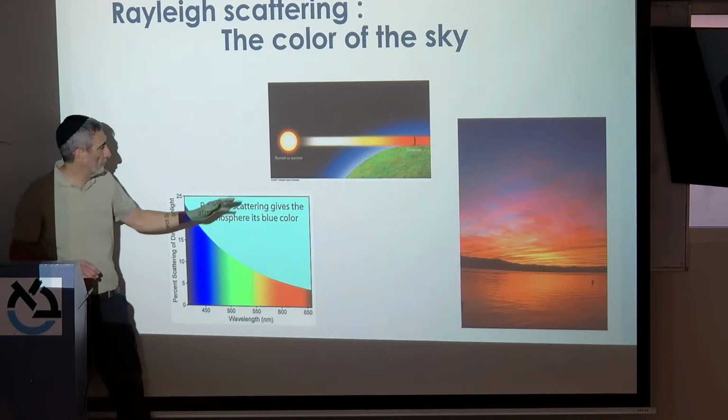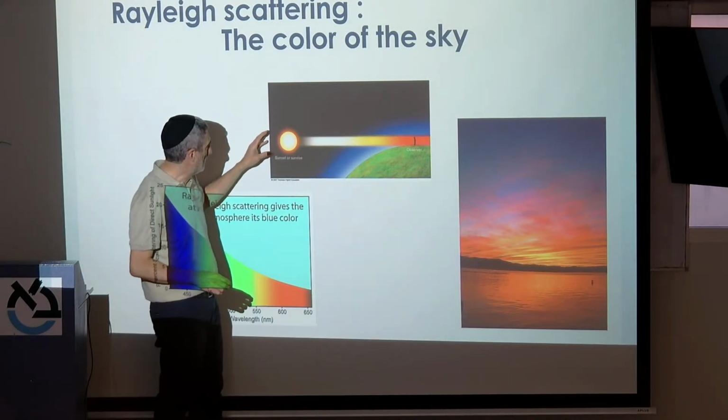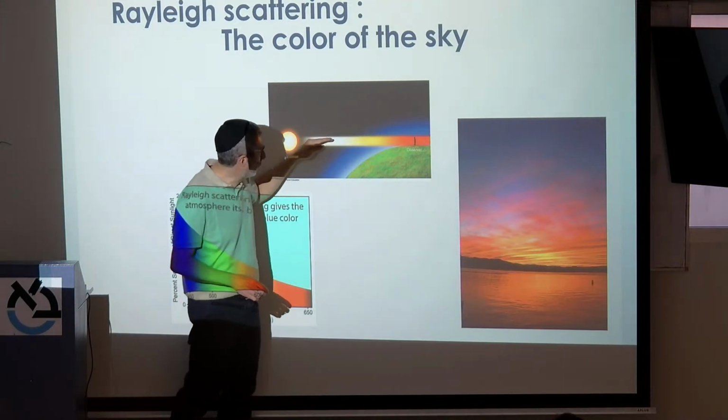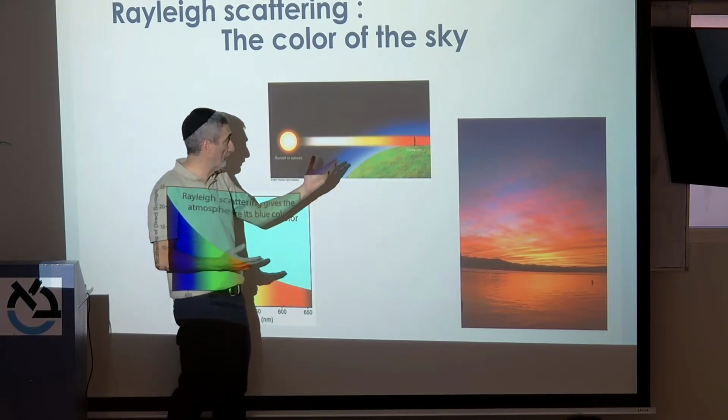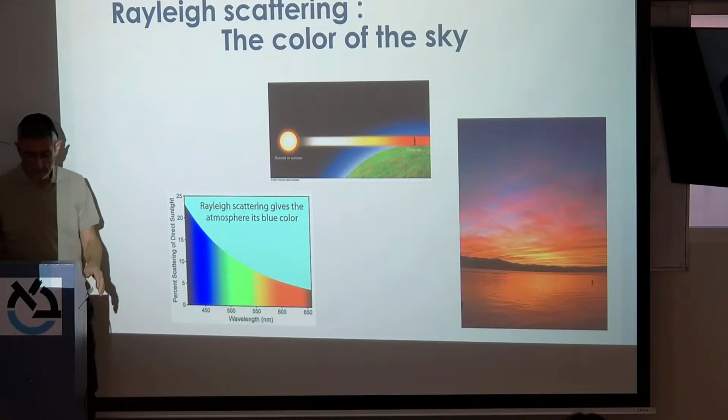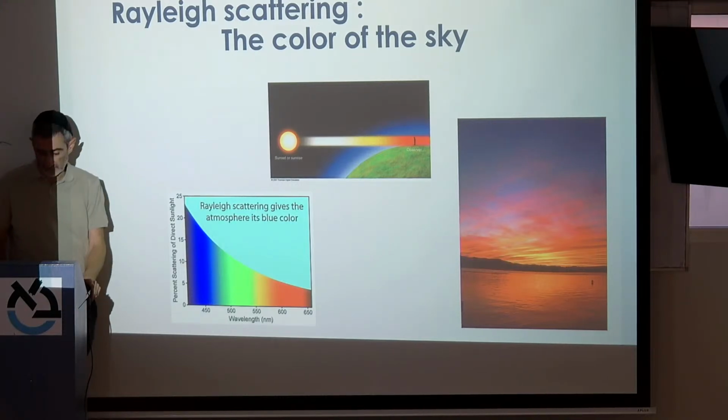So that's the idea that you have the sun at sunrise or sunset crossing the atmosphere. The blue is first scattered, and then the yellow, then the red. So you see the red sky.